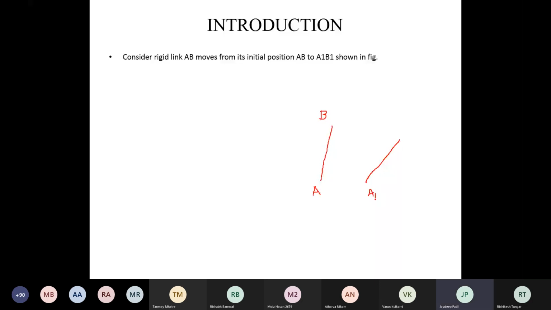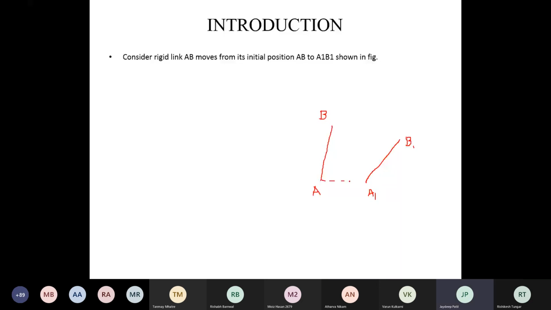How many motions take place when the link moves from AB to A1 B1? Two motions. Which are the two motions? Linear and rotational. Correct. Suppose it moves from A to A1, rotational, like this.